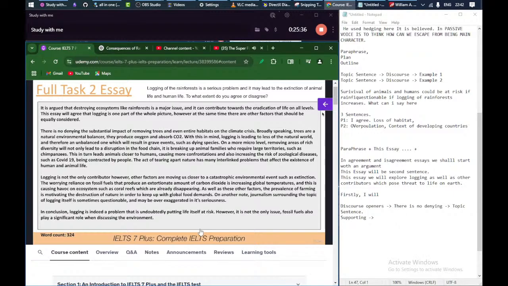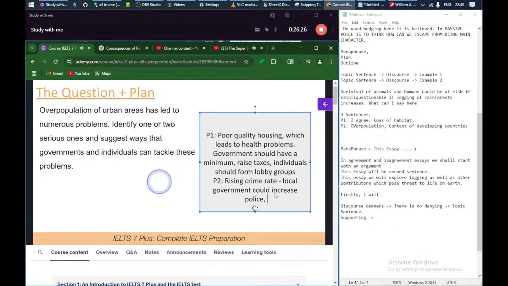On crime, for paragraph 2, it is a problem. And what could the government do? Well, the local government could increase maybe police presence, and they could also encourage community projects to keep kids off the streets, maybe.